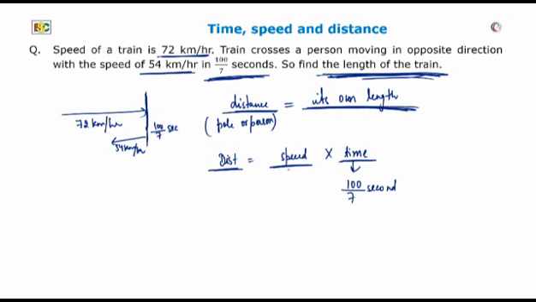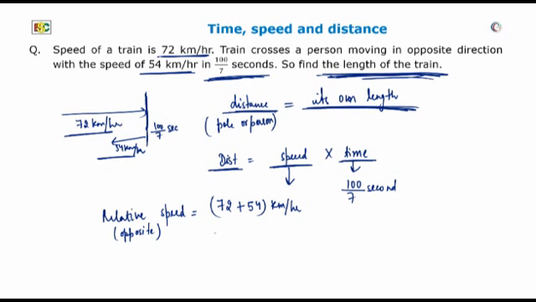So now we have to find the speed. Train crosses a person, so we have to find the relative speed of the train and a person. As both are moving in opposite directions, relative speed will be equal to the sum of 72 plus 54 km per hour, and this will be equal to 126 km per hour.